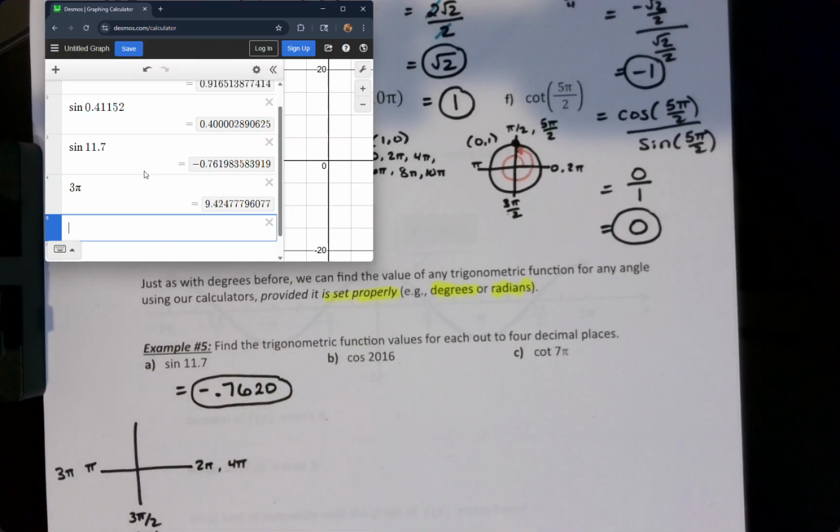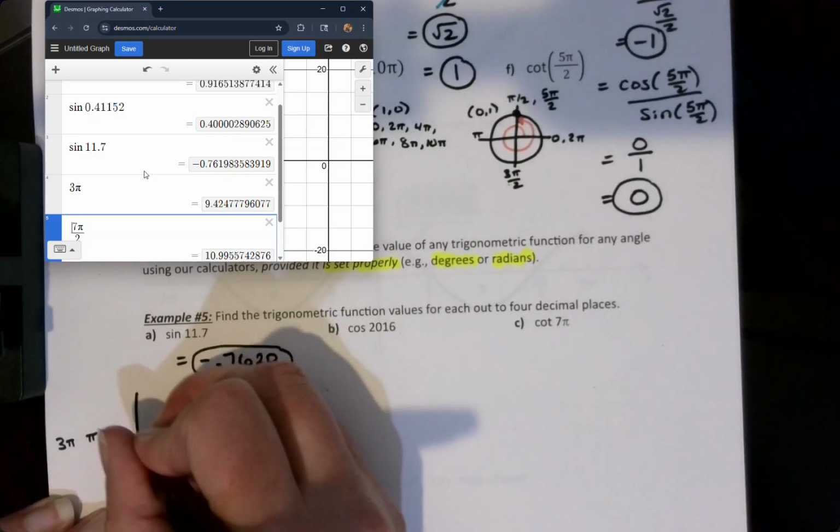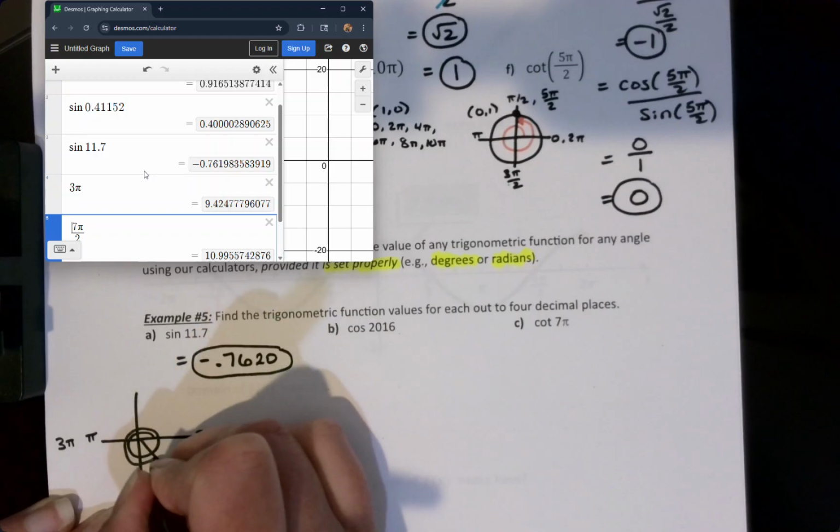I wanted to figure out what quadrant this angle was supposed to be in. So 4 pi is 12.5 and 7 pi over 2 is 10.9. So it is an angle that is somewhere here where the angle would have gone around and back to it.